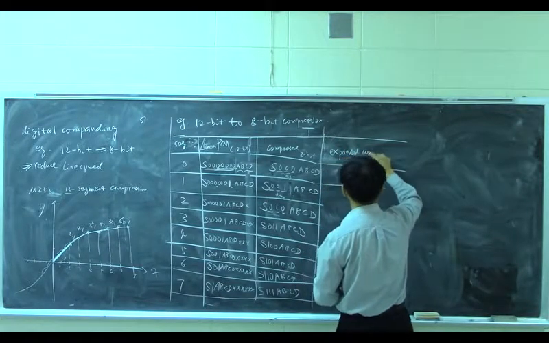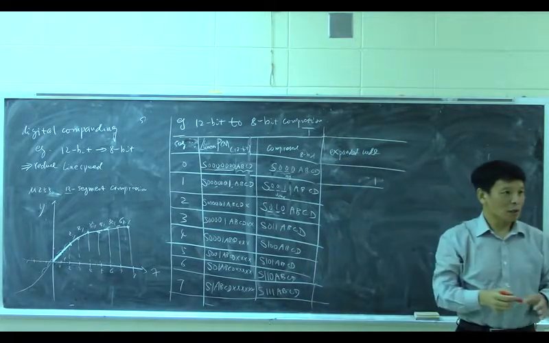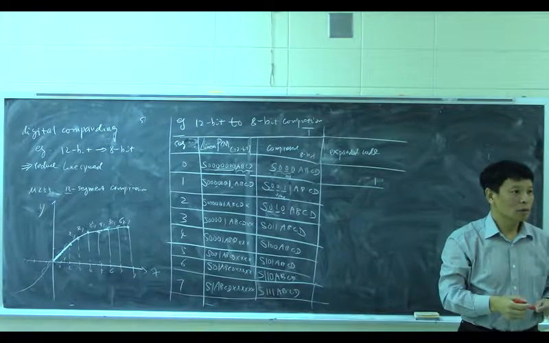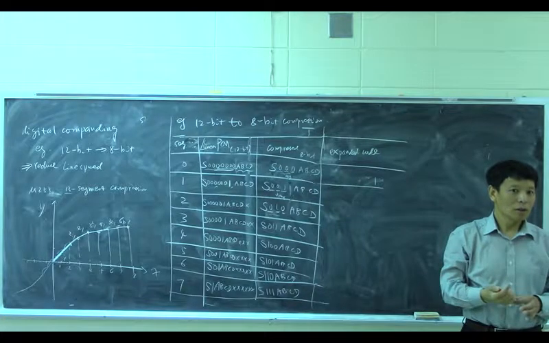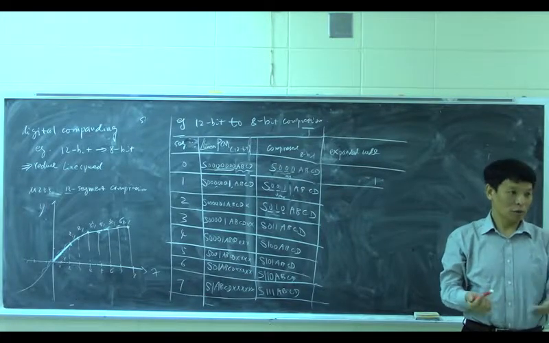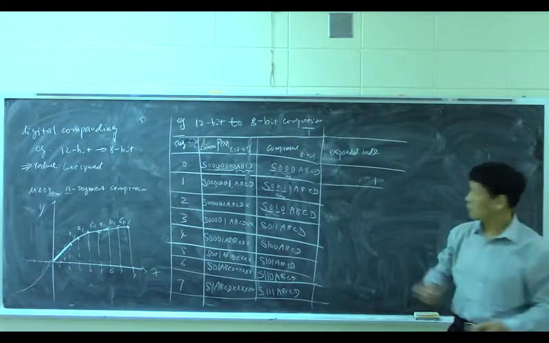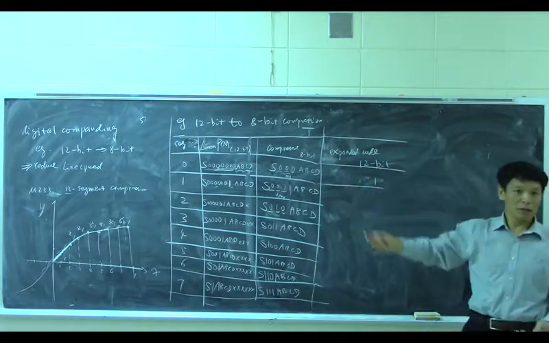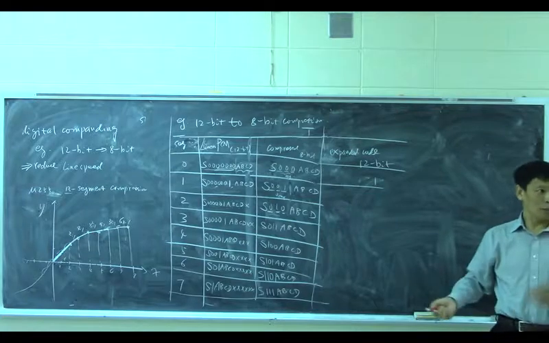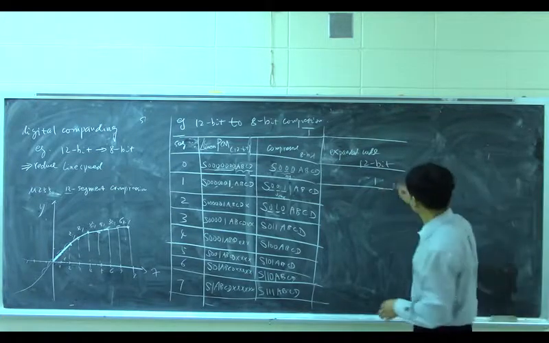How long is the expanded code? 12, right? We want to recover back to the original, so that's 12. Originally it is 12, compressed to 8, then you expand back to 12.